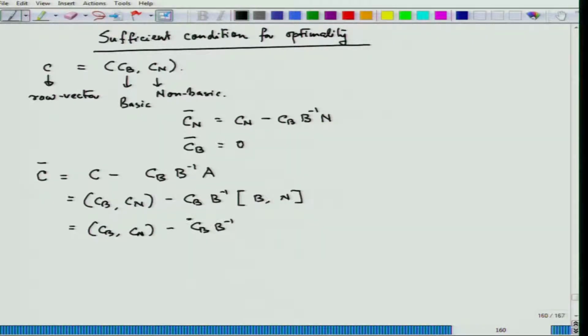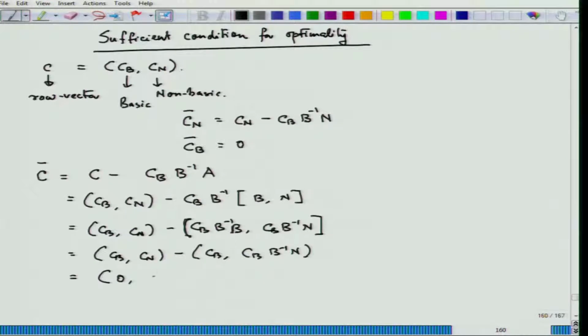There will be a vector which consists of CB B inverse B, CB B inverse n. Now, CB B inverse B is identity matrix, so CB into identity matrix is CB. So, it is CB Cn minus CB B inverse n. So, 0, CB minus CB, and Cn minus CB B inverse n. Now, this is C bar.